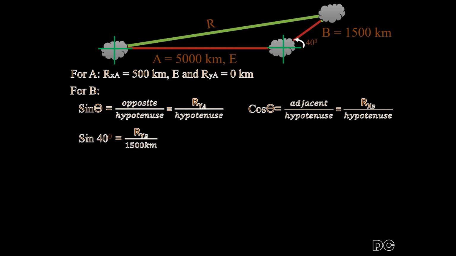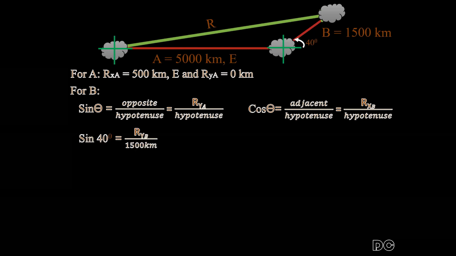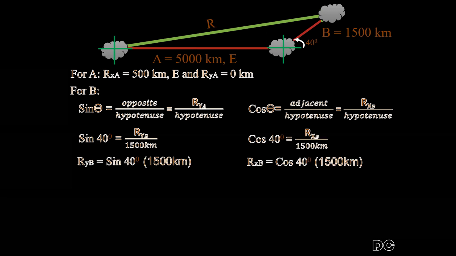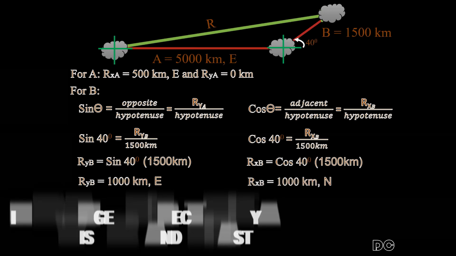So sine 40 degrees is equal to r sub yb divided by 1,500 kilometers, so r sub yb is equal to 1,000 kilometers.